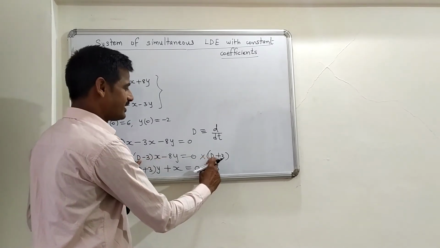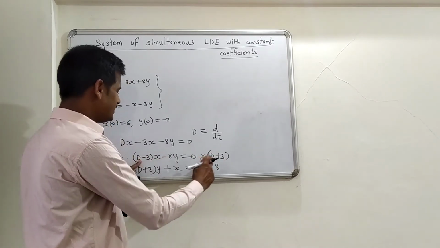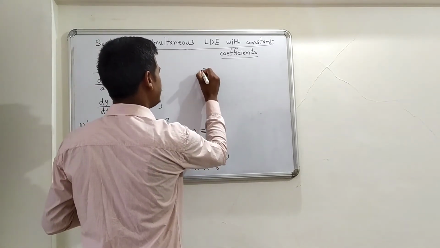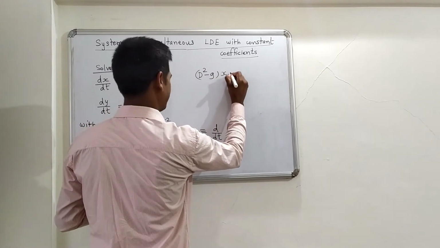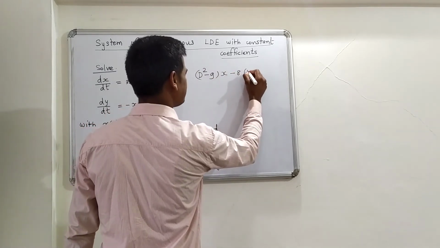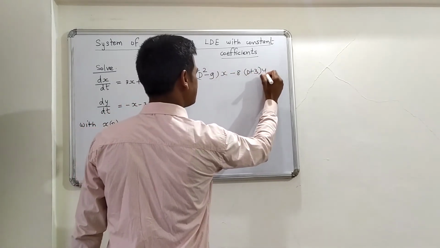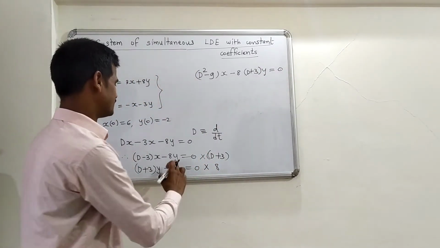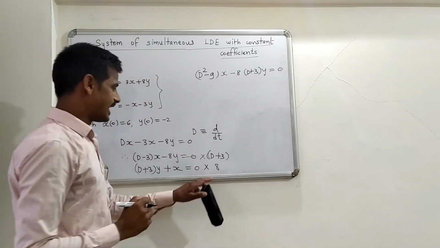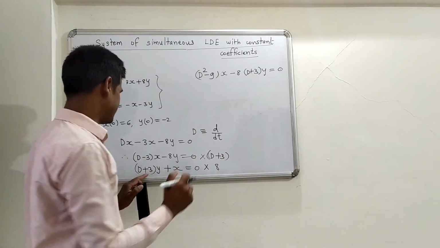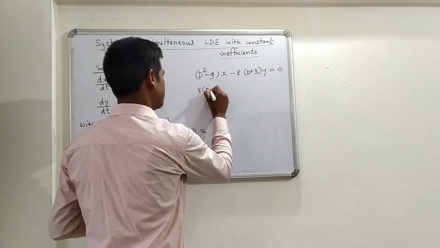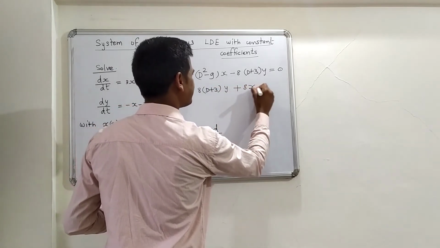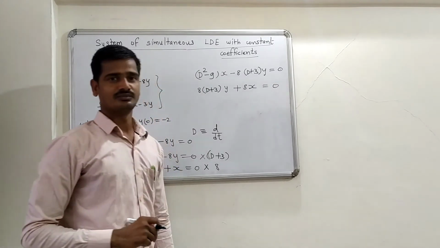So if I operate D plus 3, it is (D minus 3)(D plus 3), that is (D square minus 9) into x minus 8 times (D plus 3) into y is equal to 0, since the right hand side is 0. Minus 8 times (D plus 3), and multiply the second equation by 8. So 8 times (D plus 3) into y plus 8x is equal to 0.